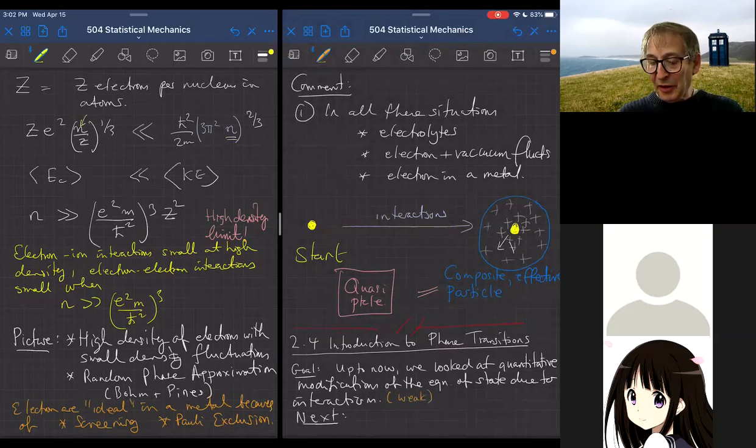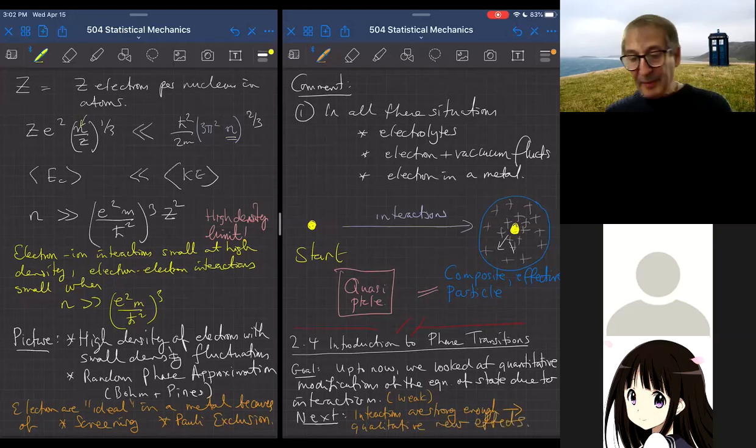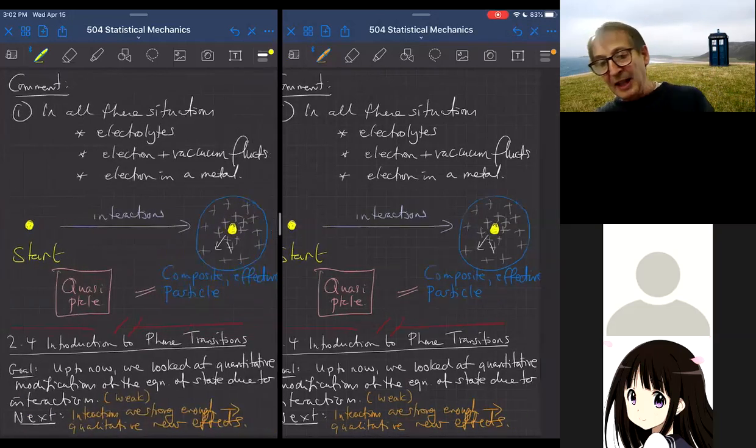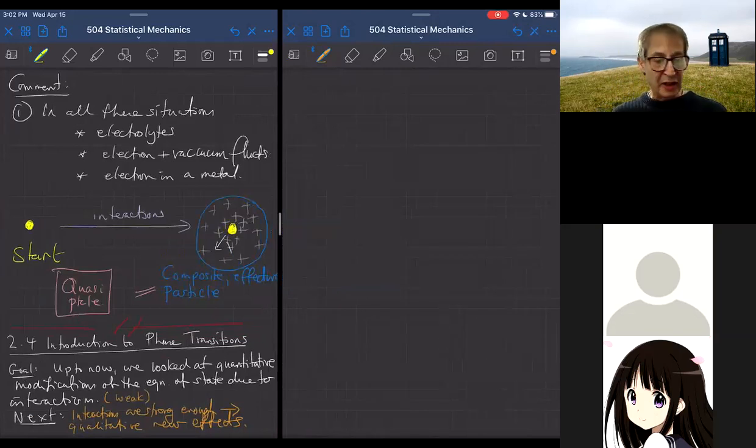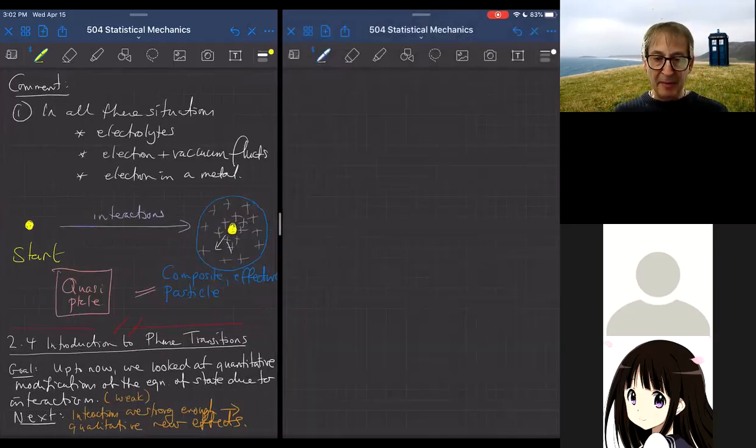So the next thing that we want to do is ask if the interactions are strong, then that can give us qualitatively new features. And that's much more interesting. Okay, we're much more interested in making a qualitatively new prediction than we are in just computing the sixth decimal place of some equation of state or something.